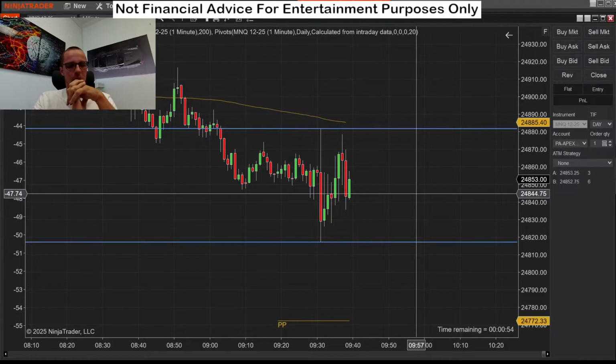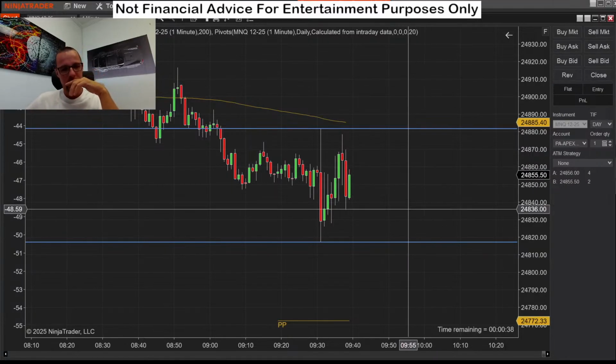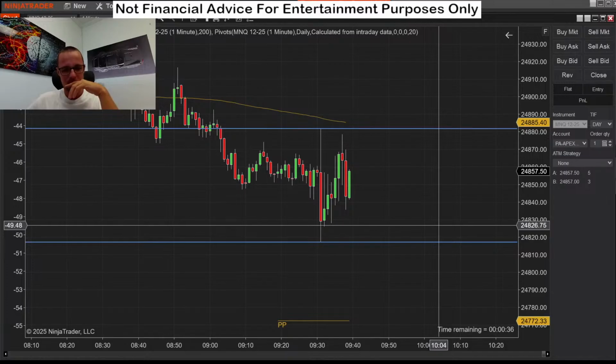Same thing with VWAP. We're below VWAP, so we're kind of in bearish territory. VWAP is right above that 200 right now. $9.18 and $9.18, then $9.40.